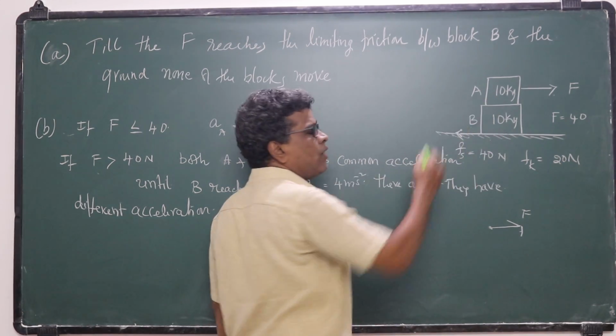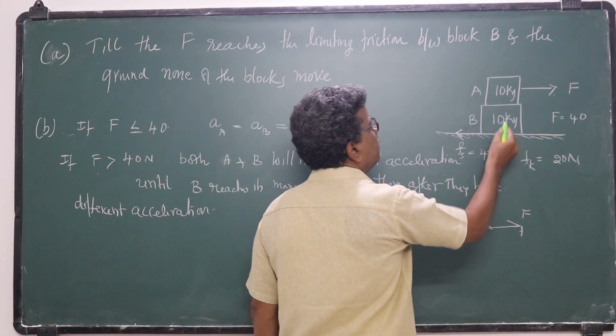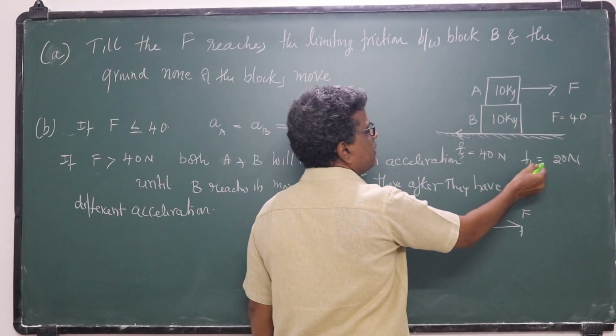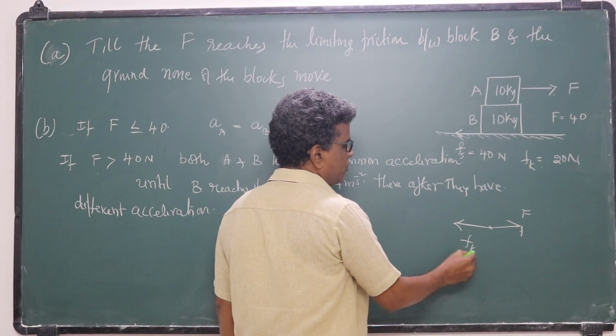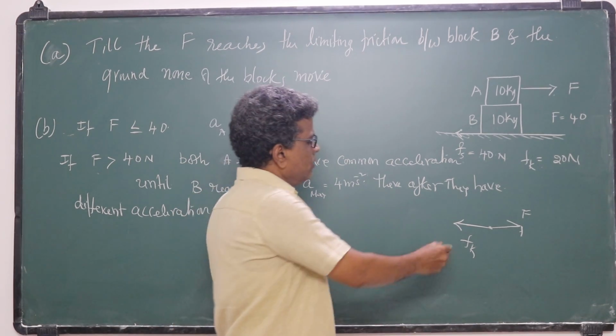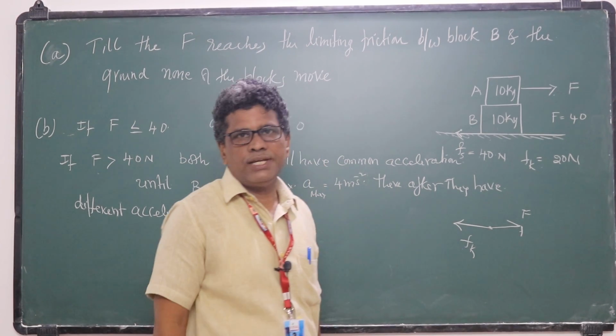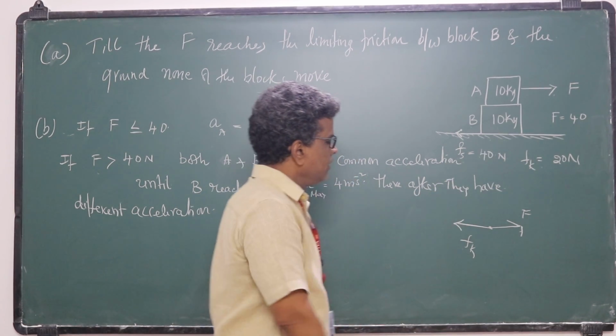So if you treat these two as a single block, the external force is F, and when these two move together, the kinetic friction opposes. Once the block B starts moving, the nature of the frictional force changes: static converts into kinetic.